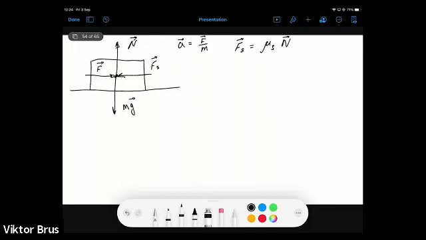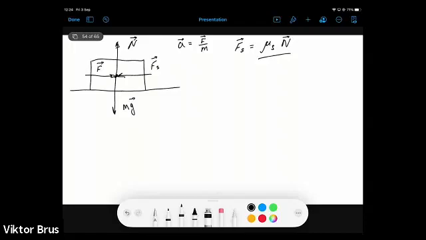This static friction force will be equal to the applied force until it reaches its maximum value, which is defined by mu s times N. So it will increase proportionally to F until F is large enough to overcome this maximum value of the static friction force, and in that case the body will start moving.